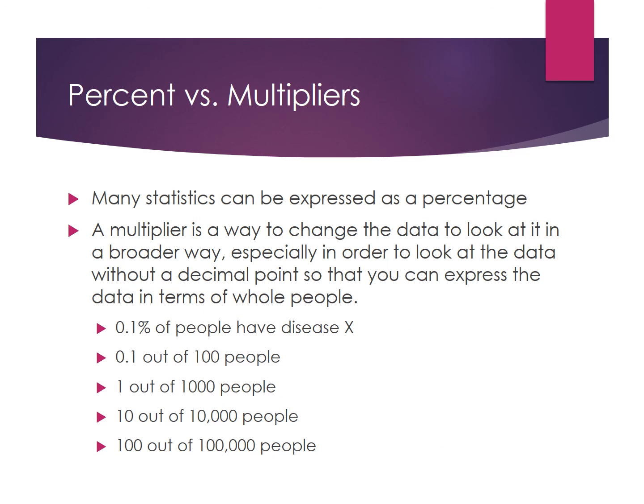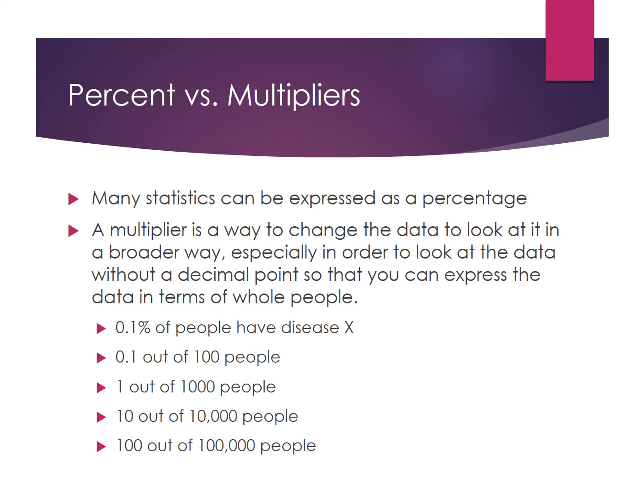And one thing I want to talk about very quickly is the percent versus multipliers. So when we have a numerator and a denominator, we certainly can express that as a percent, and in some cases it is expressed as a percent. Like if we're talking about proportionate mortality, we might say 40% of those who died from blah blah blah.